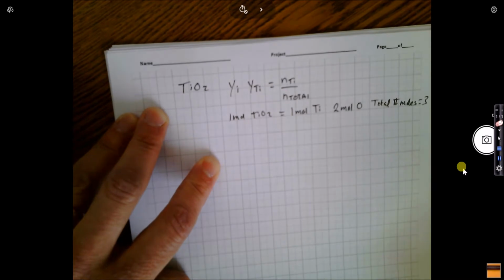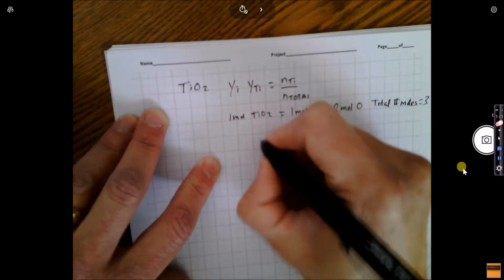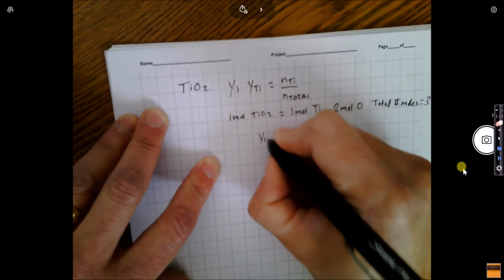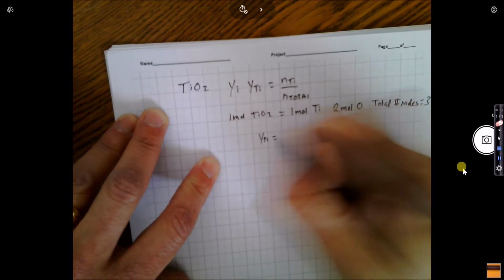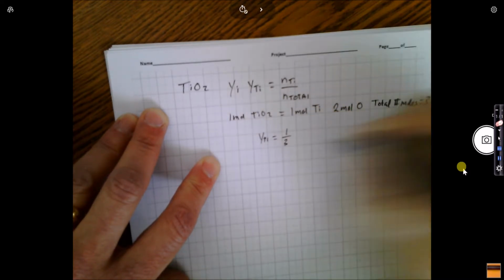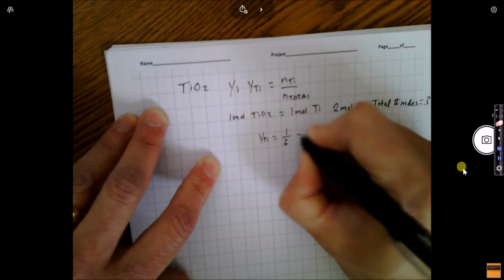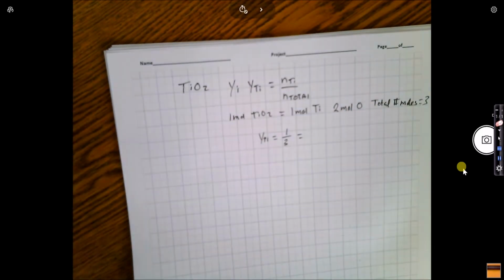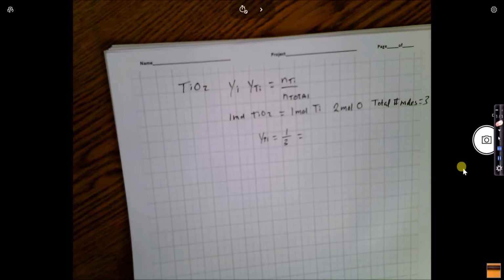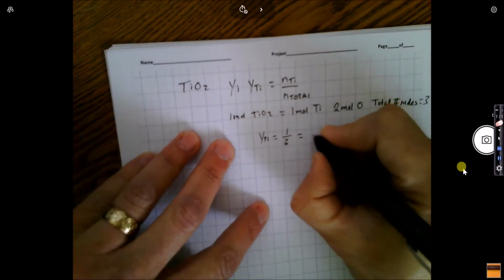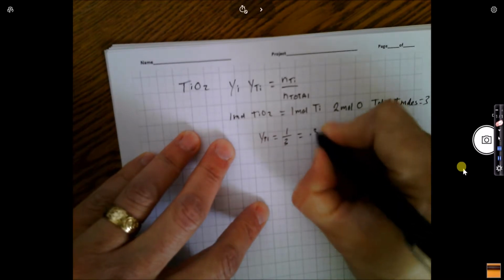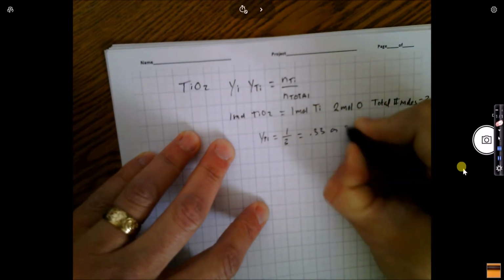So the mole fraction of titanium equals 1 divided by 3, essentially. And yes, I'm using a calculator, which is a third. I don't know why I felt the need to do that, but it's roughly 0.33 or 33%.